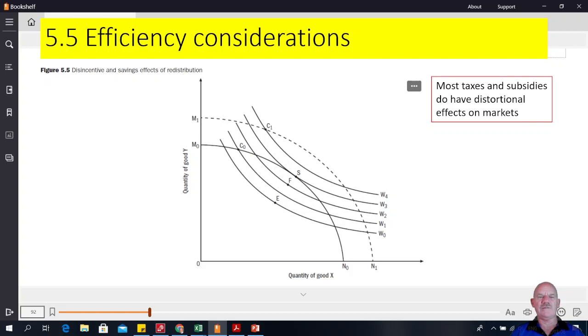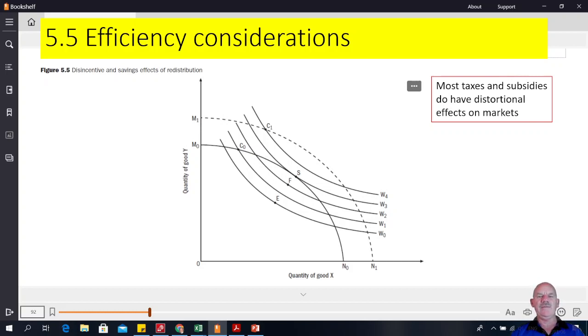I don't know if you've noticed, but the sugar tax. Markets changed after the sugar tax. The firms started changing the sizes of the bottles. So if you now buy a bottle without sugar in it, you can get more liquid in it than if it contains sugar. So they've changed their behavior as a result of the tax. That means it's distortional.